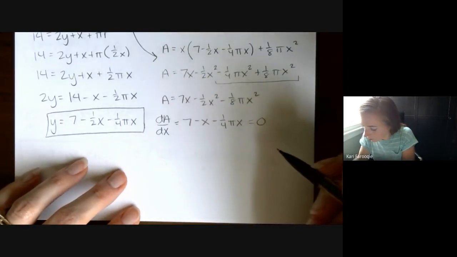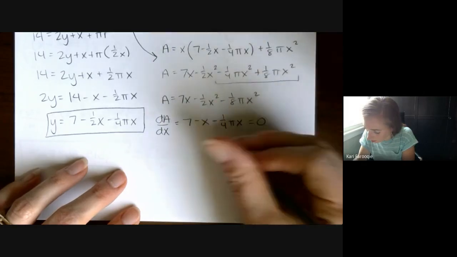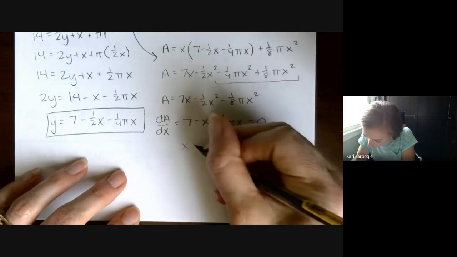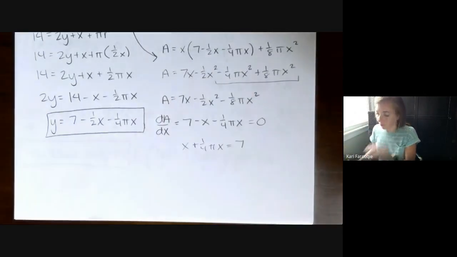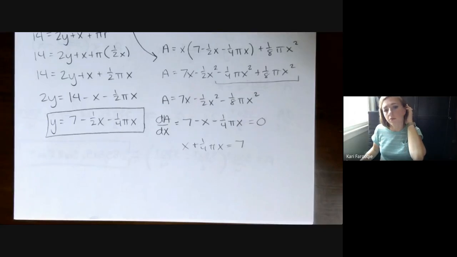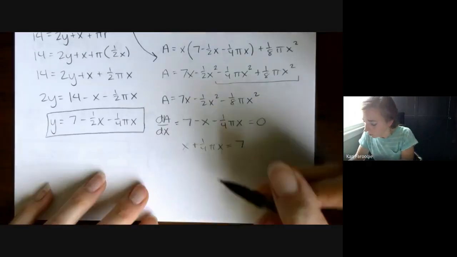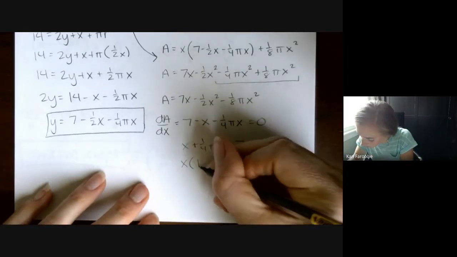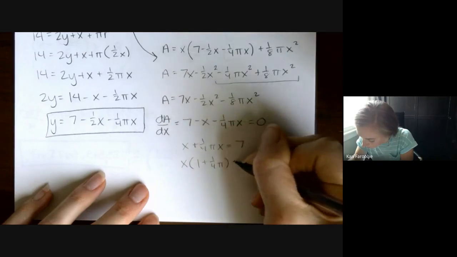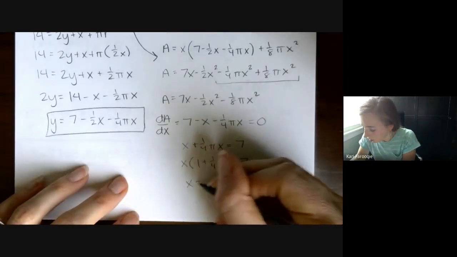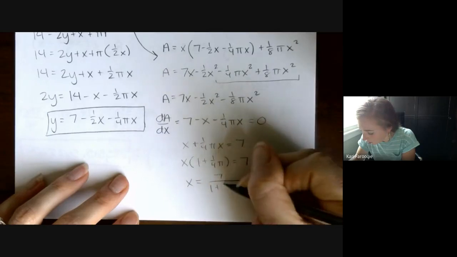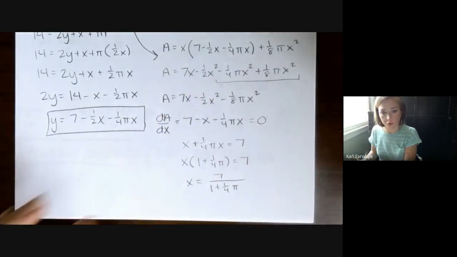And if I were you, I would probably leave the 7 and then move these two terms to the other side. Factor. And then you get x equals 7 divided by 1 plus 1/4 pi.